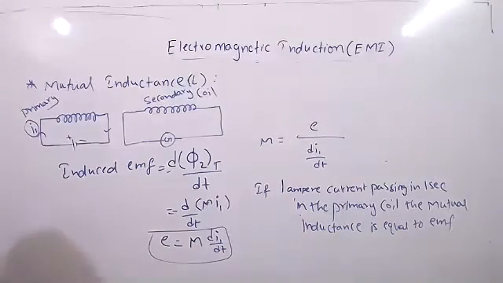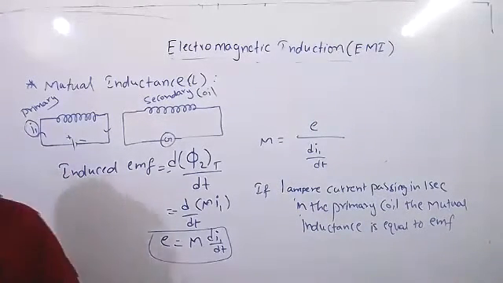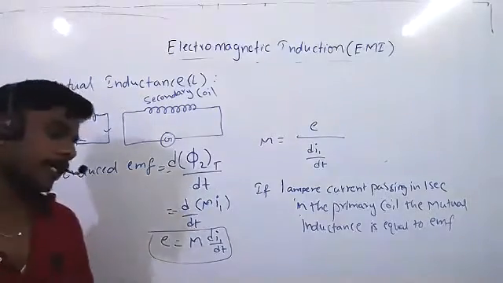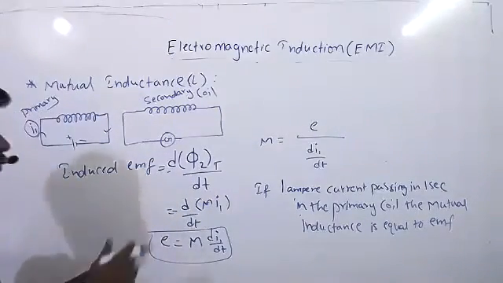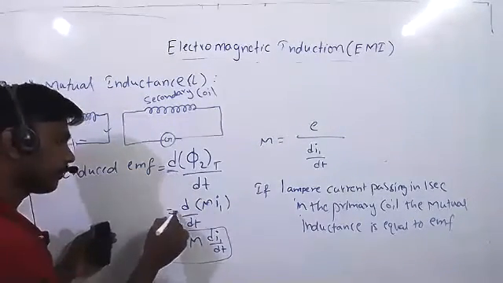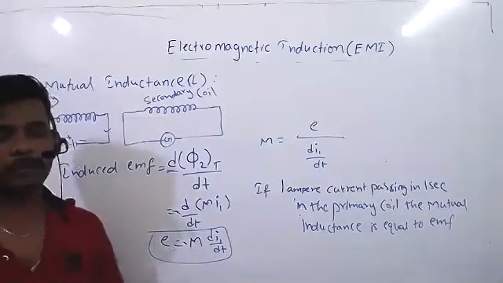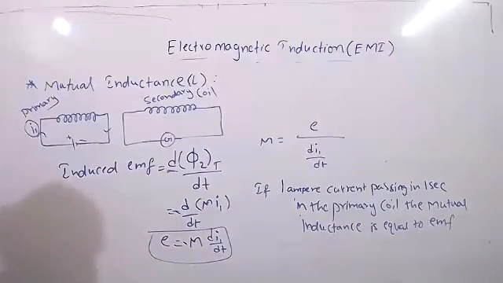Like self inductance, there is no difference. The induced EMF direction is negative, the opposite direction. We can write negative; if we take the magnitude, it is positive.